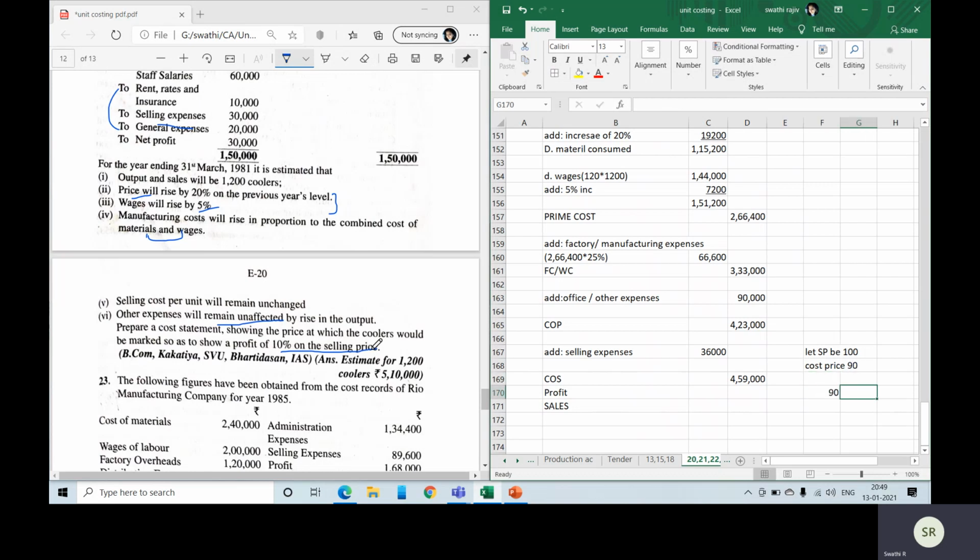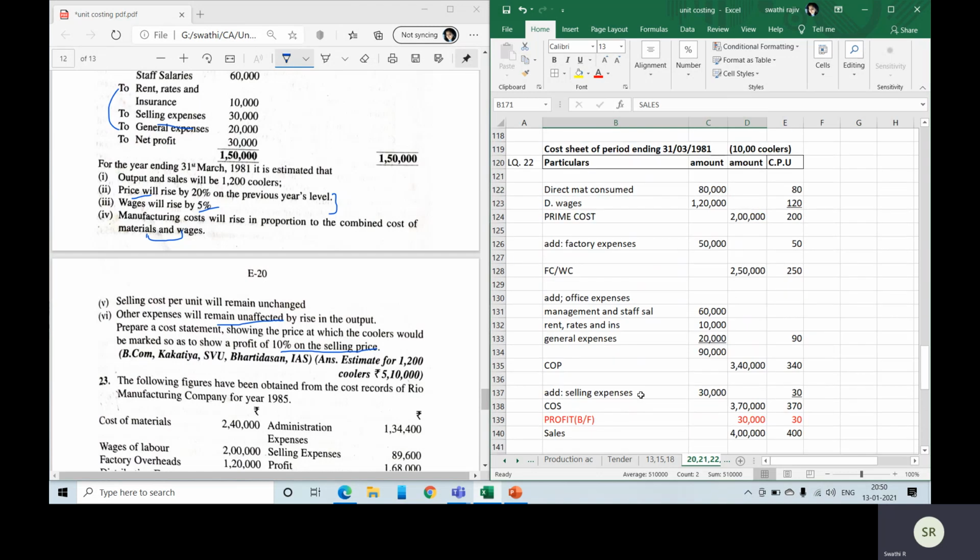So 90 is 4,59,000, and 100 is going to be how much is the question? Once you do the calculation, you will get your sale amount as 5,10,000 and your profit amount as 5,10,000 minus 4,59,000, or 10% on this, right? So this is basically the answer they have asked you for, right? Price at which coolers would be marked. Okay, so that was your question number 22 as well.